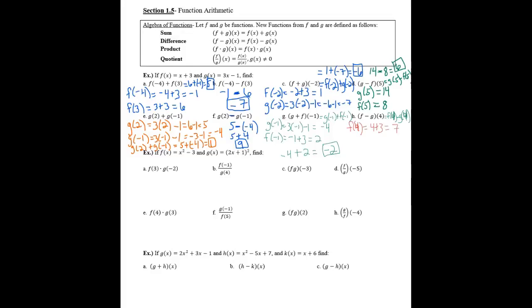And we get 7. Then we need G of 4, which is 3 replacing x with 4 minus 1. That'll be 12 minus 1, or 11. And then we need to subtract F minus G. The order matters here. So overall, this F minus G of 4 will be 7 minus 11. We'll end up with negative 4. How'd you do?